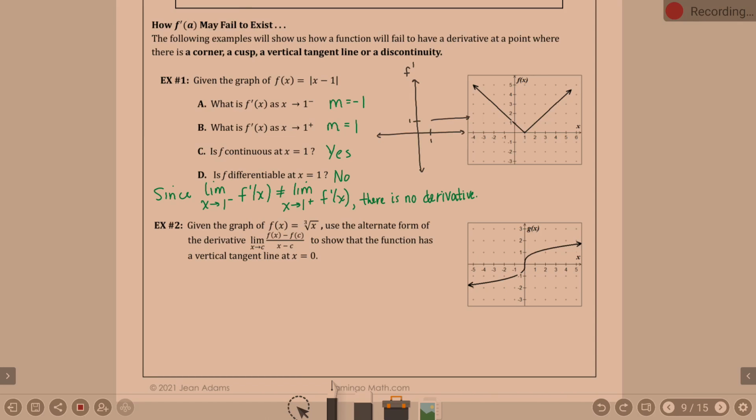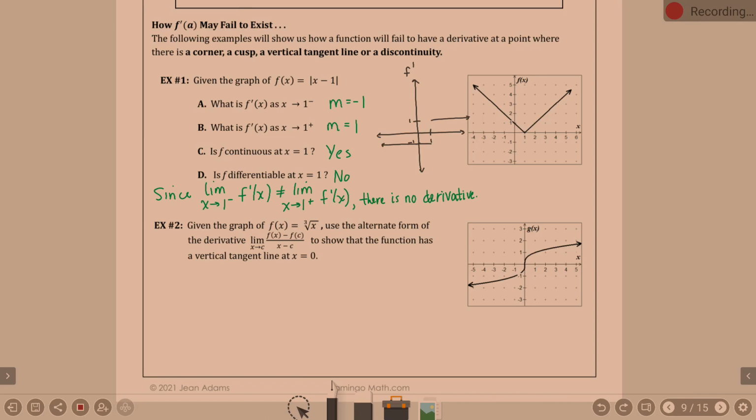Positive 1, so it's always up above. To the left of 1, what is my slope? Negative 1. So now what I know is that slope is always down there. It looks a little funky, but that's my slope graph.